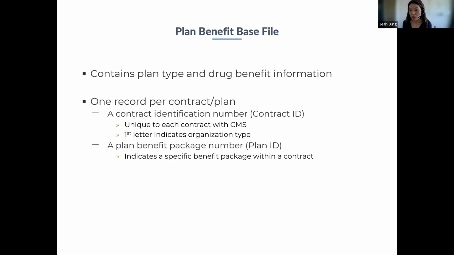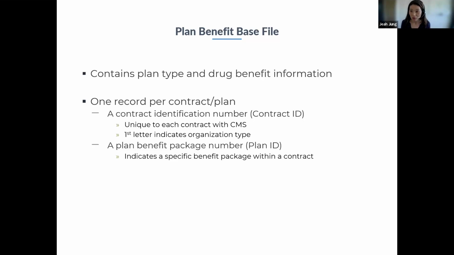That policy becomes 003. So when we say Part D plan, it's really a combination of the contract ID and plan ID. And by looking at the first letter of a contract ID, you can see the organization type of that specific Part D contract.